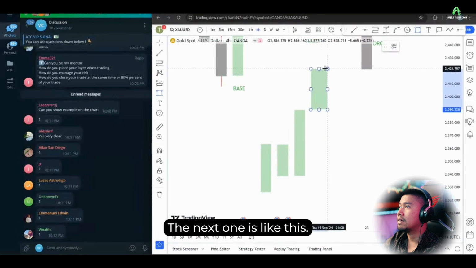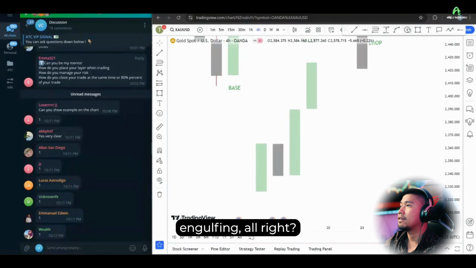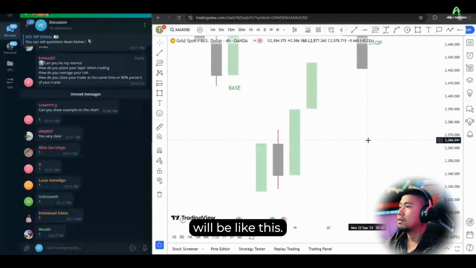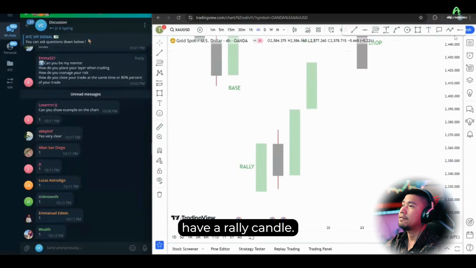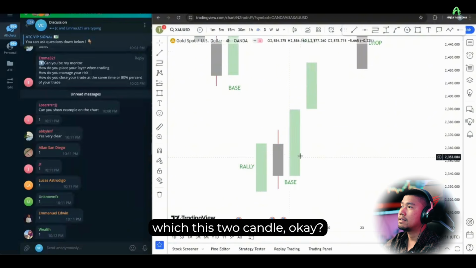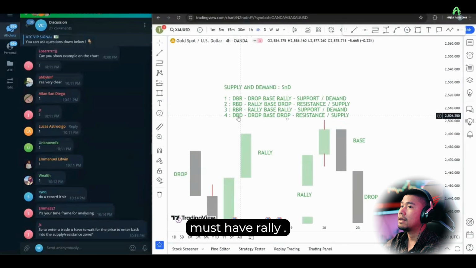The next one will be like this. So this will be your bullish engulfing, alright? So the shadow will be like this. This is what we call rally base rally. So the first one, you must have a rally candle. The second, you must have base, which is these two candles, and then you must have rally.